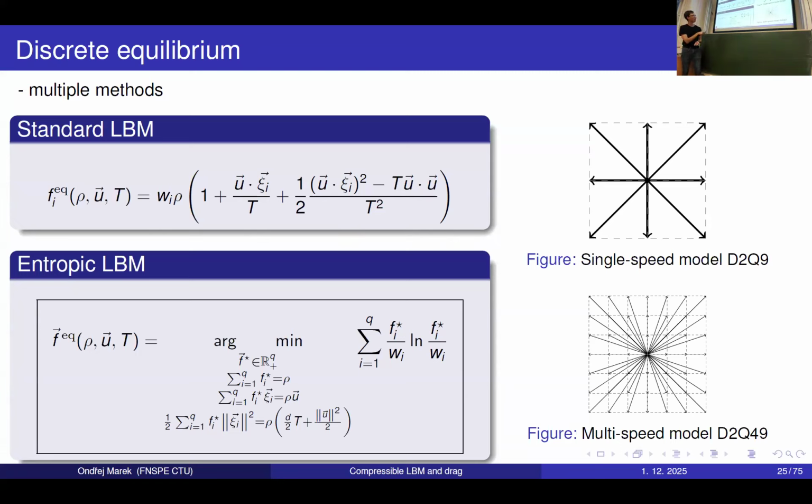But one model I was also using for the equilibrium is the entropic model, which basically extremizes the discrete entropy. Here it minimizes it because there is no minus sign, which is often used in the Lattice Boltzmann method literature. So it minimizes it with these constraints.